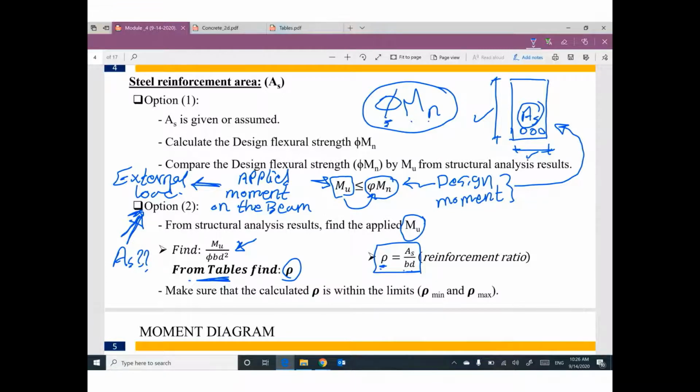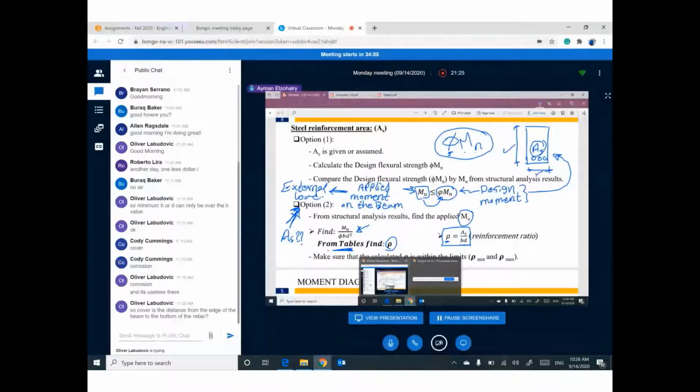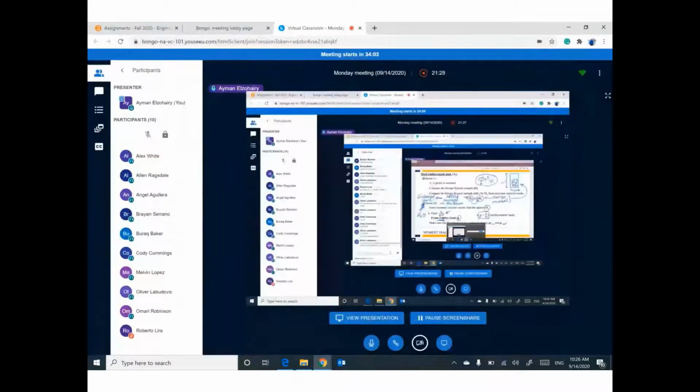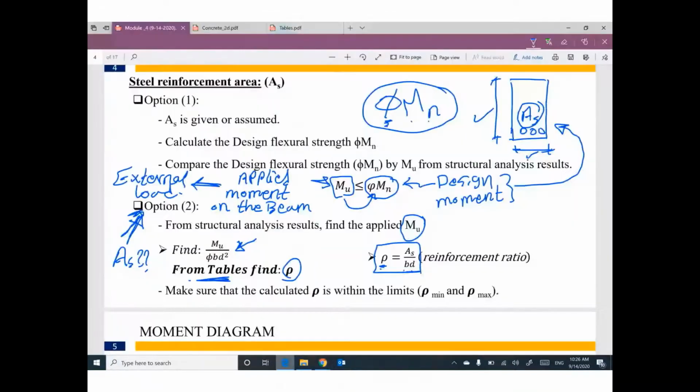Nancy, I'm not sure you are here or not. You asked me a question about once I get area steel, how can I convert it to numbers of bars? You have to select your size of bar.